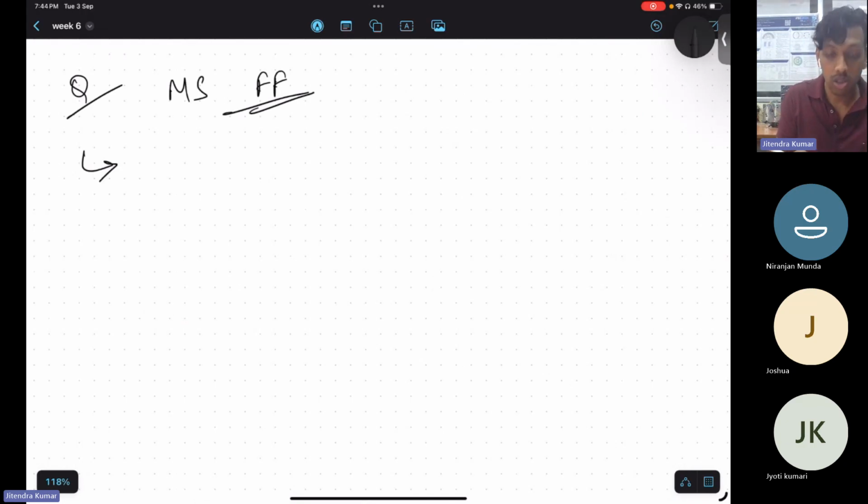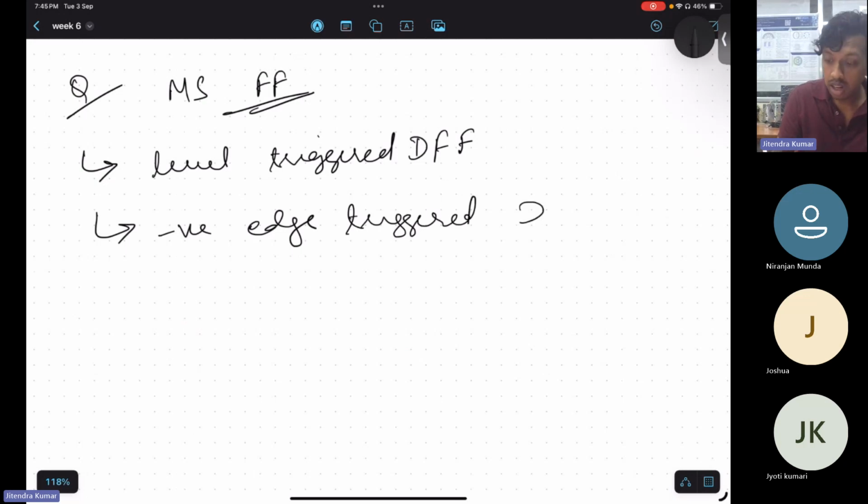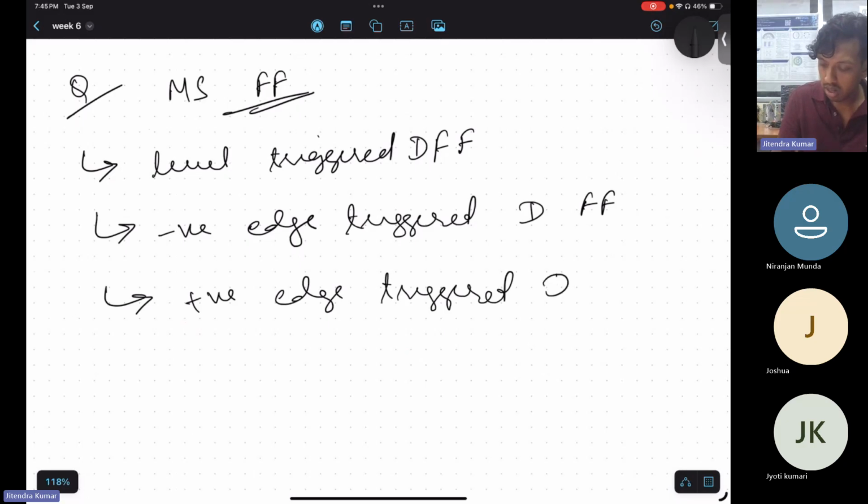It works as which flip-flop? Level triggered flip-flop, D flip-flop, negative edge triggered D flip-flop, or positive edge triggered D flip-flop.